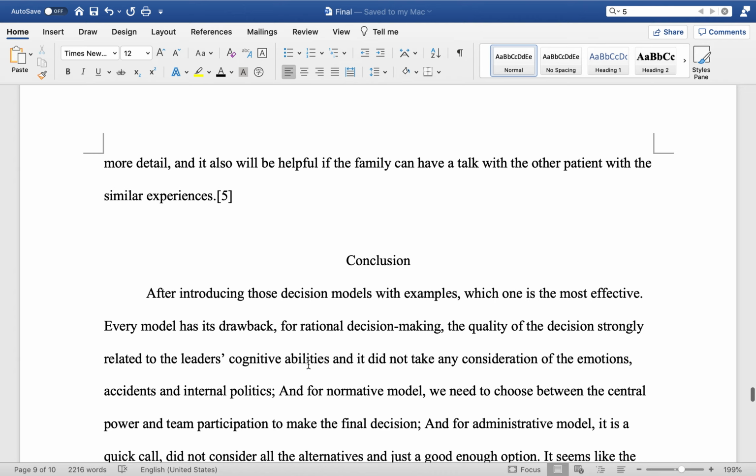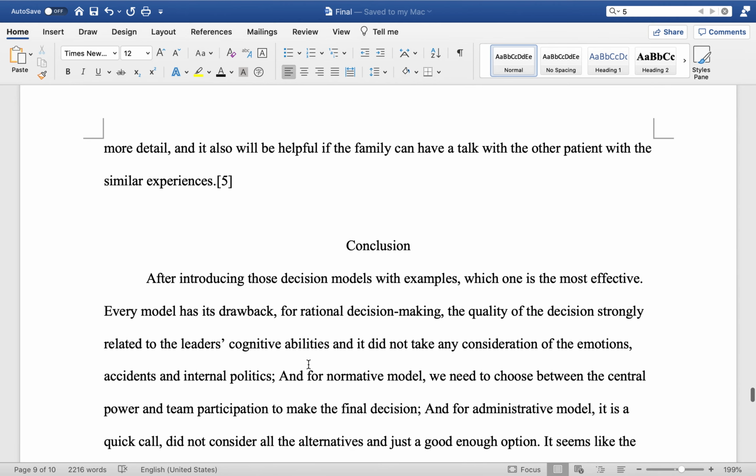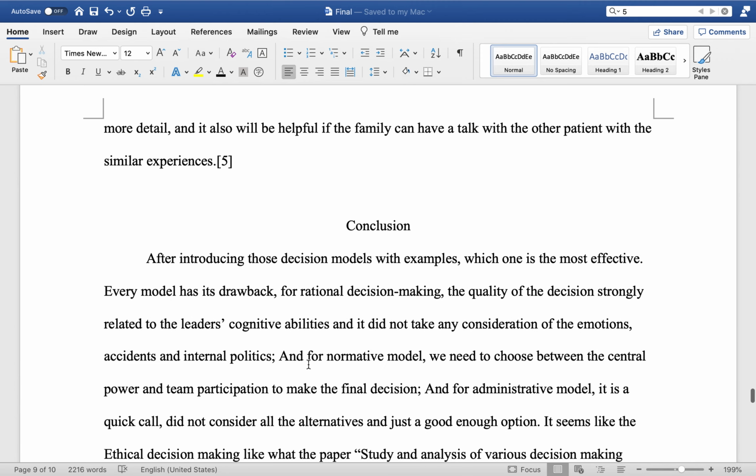So after analyzing those four decision-making models, my conclusion is that every model has its drawbacks. For the rational decision model, the focus is the quality of the decision makers.